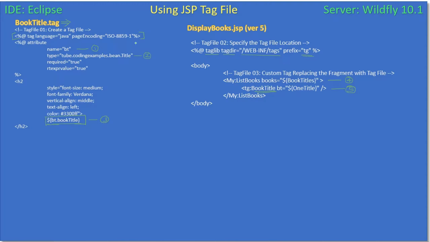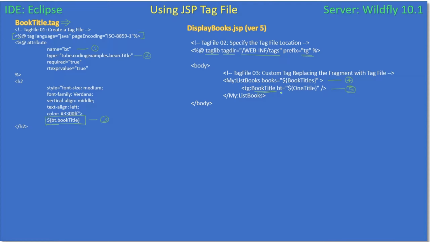Once the matching tag file is found, then inside we will get all the attributes defined. So here the tag is resolved: book title comes from tg, which points to the tag directory containing book title.tag. The name here is matched with the file name.